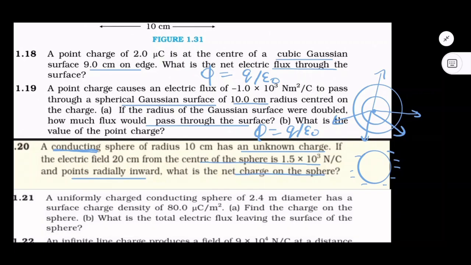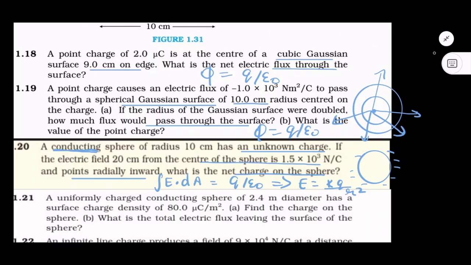We can apply Gauss law, that is E dot dA is equal to charge upon epsilon naught. We did it in our lectures, where we concluded that this conducting sphere also acts as a point charge, since we get the same expression, E equal to kq by r square. We just need to substitute the values.